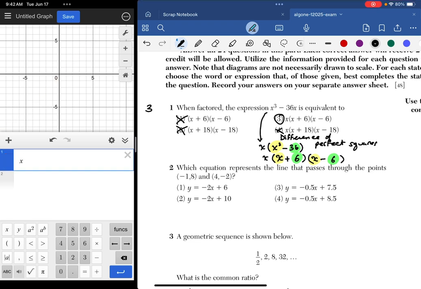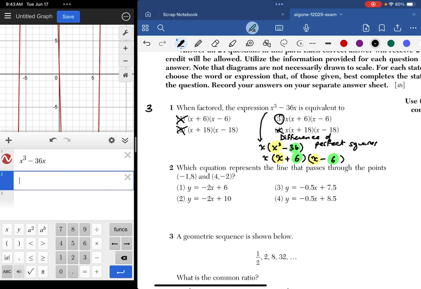So if I did x to the third minus 36x, all right? So I can put that in, and I actually can do it with numerical values if I wanted to put in a different variable like a. But what I would be looking for here, and I'll just go right to the right answer, is the choice that produces the same graph.